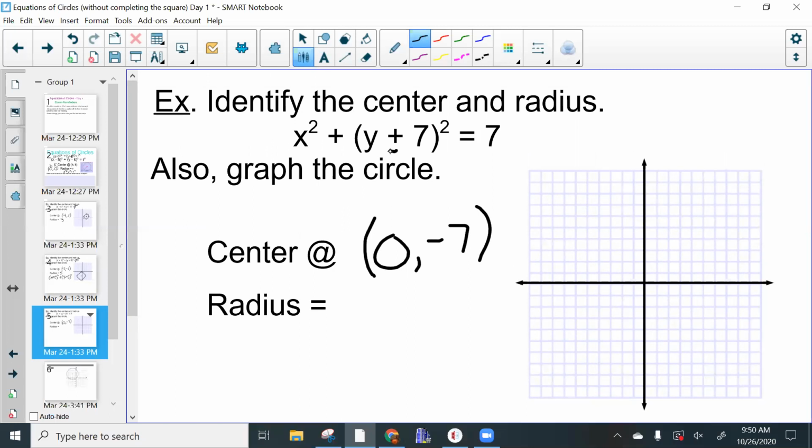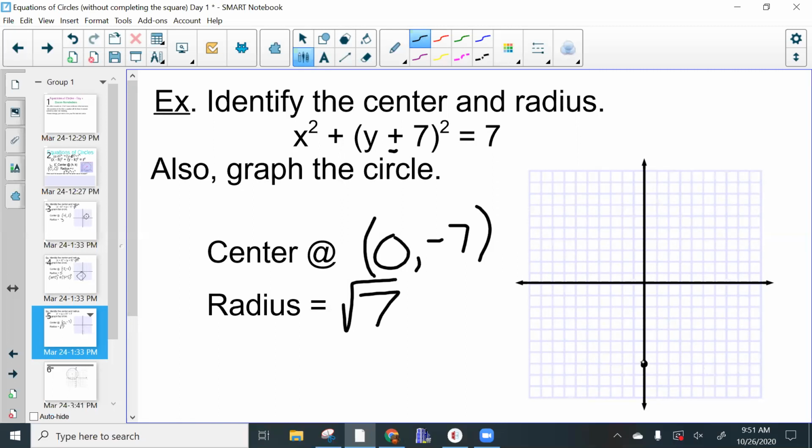And does anyone know the radius for this one? All right, so the radius for this one is going to be square root of 7. And again, that's because in the original equation, it's r squared, so we just have to square root it. So let's go ahead and graph this one. 0, -7.